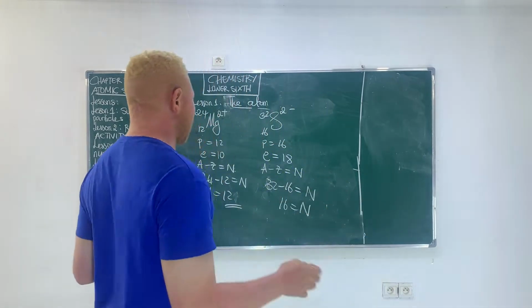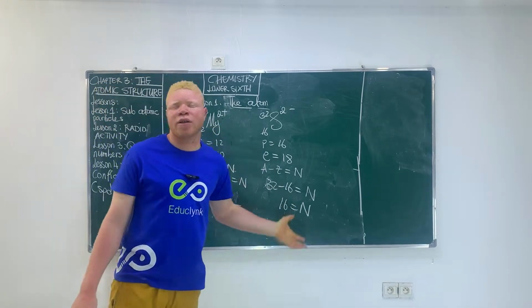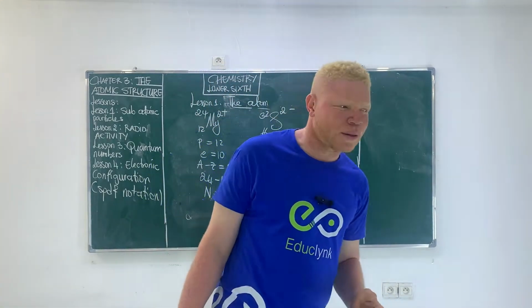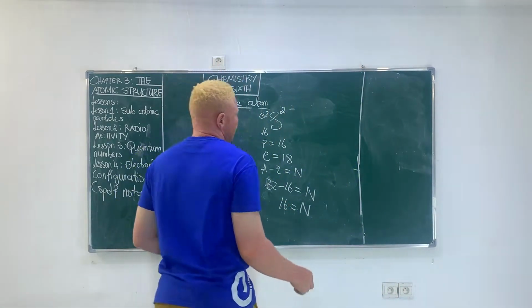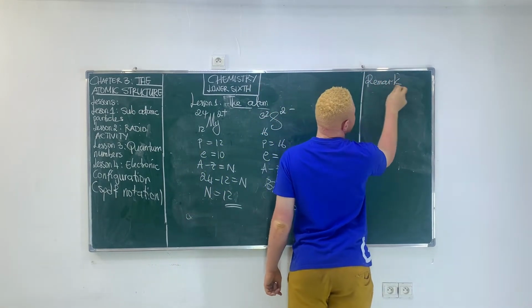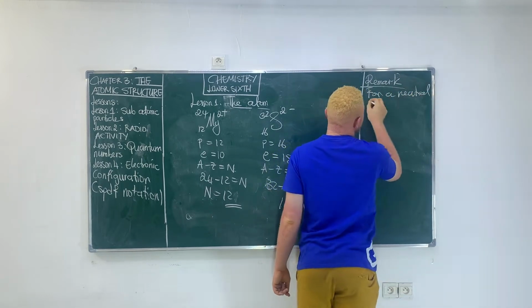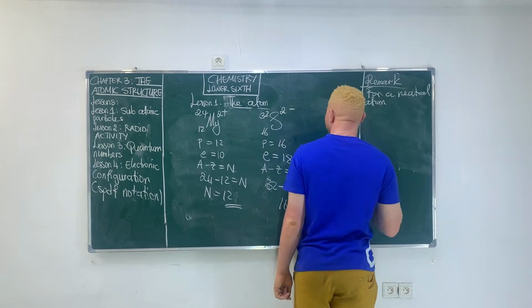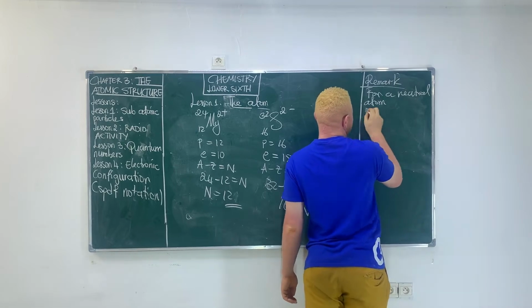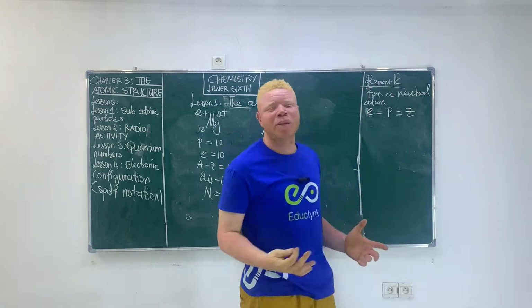In conclusion, what can we say? If the atom is charged positively, it has lost electrons. If the atom is charged negatively, it has gained electrons. What you have to remark is that for a neutral atom, the electron number is equal to the proton number, which is the same as the atomic number.